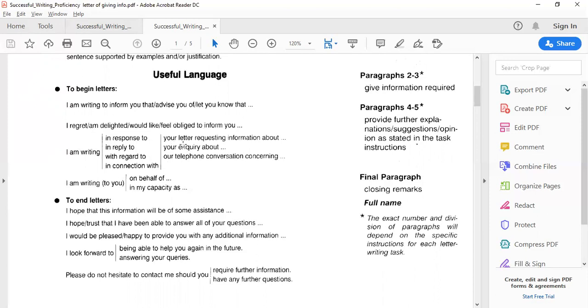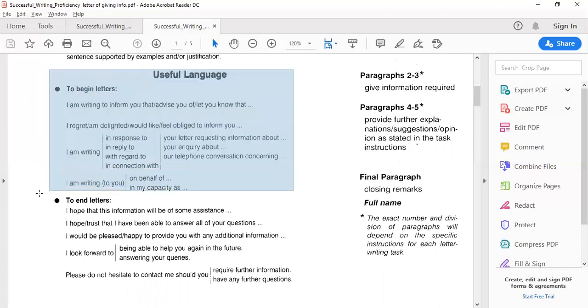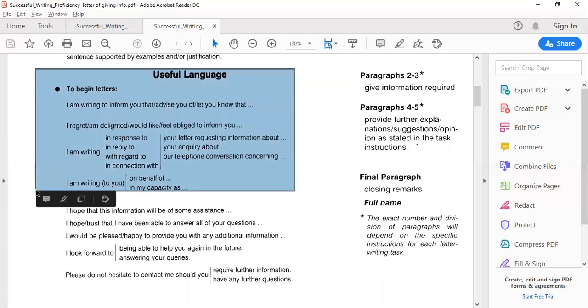And then, I'm writing to you on behalf of XYZ if you are representing an organization, and I'm writing in my capacity as, if you are leading your own firm or small business. This is the beginning of the letter of information.